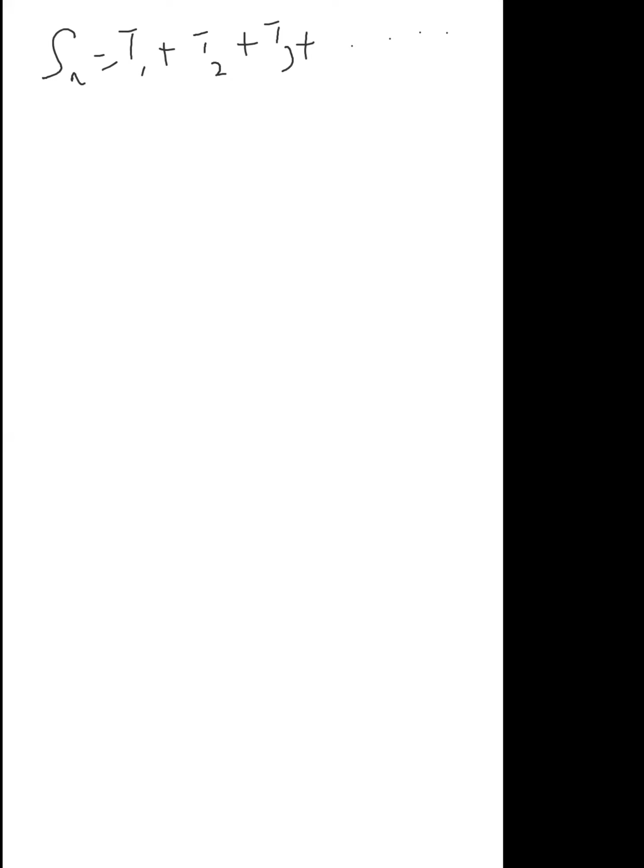If I want to add them together, I can just add this A. The next one will be AR, the next one AR squared, and so on like that. And the end will be AR to the n minus 1.